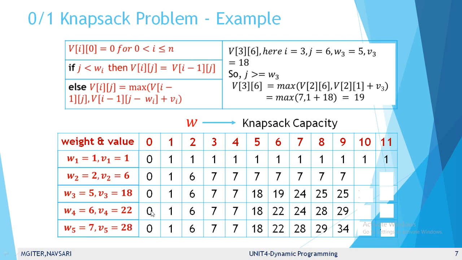The second choice is 1, 2 and 4 with the weights of 1, 2 and 4: 6 plus 2 is 8, plus 1 is 9, and the profit is 1 plus 6 plus 22, that is 29. But the first choice, object number 5 and object number 2, gives the highest profit, that is 34.